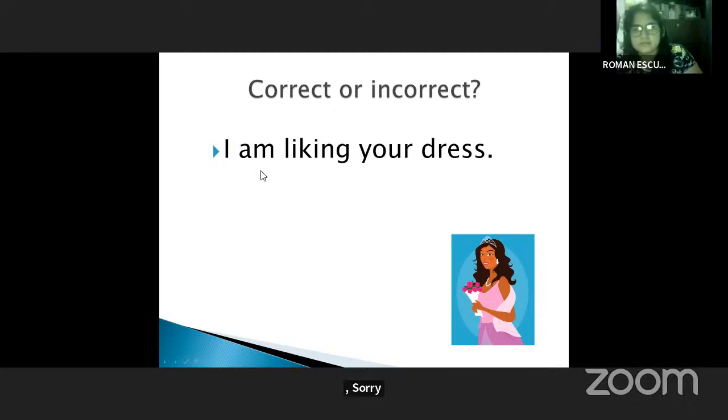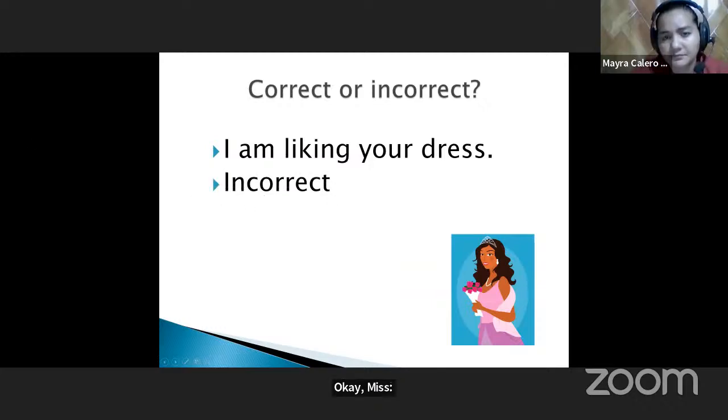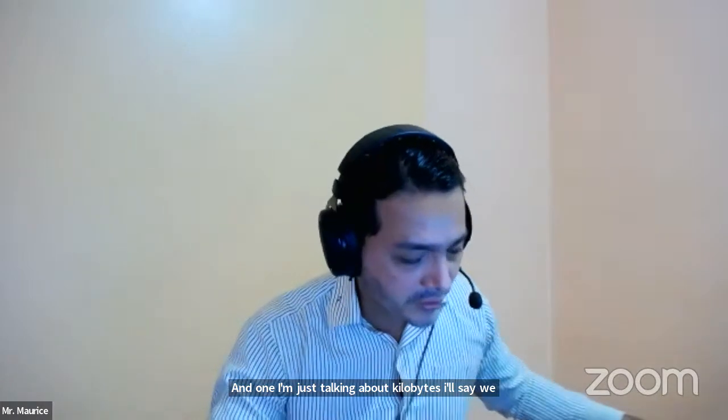Interesante. Okay, this one is incorrect. Ok, comúnmente, bueno, esto es un tema que lo van a ver en el segundo nivel, pero les adelanto algo.